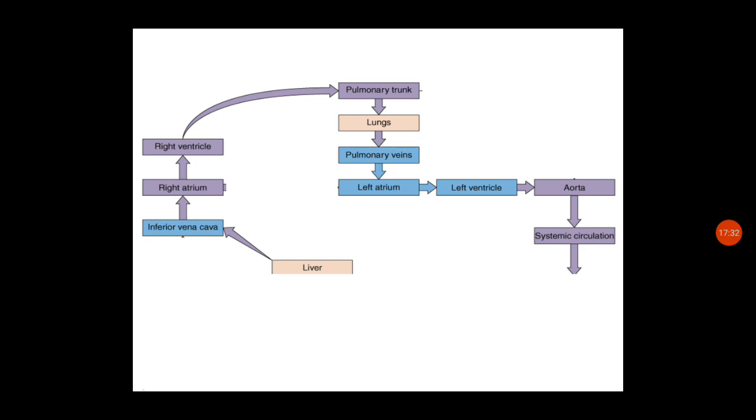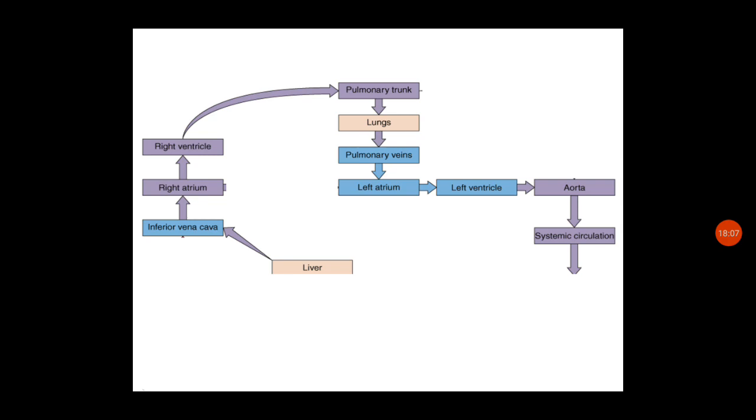Till now the child was getting mixed blood. Now when the child starts respiration, the oxygen content in the blood is increasing, so that causes the atrophy of the ductus arteriosus.